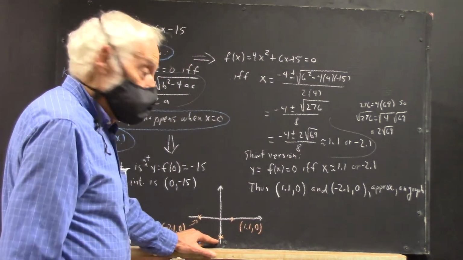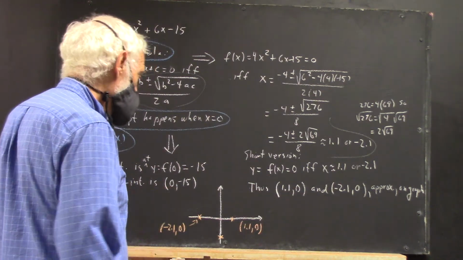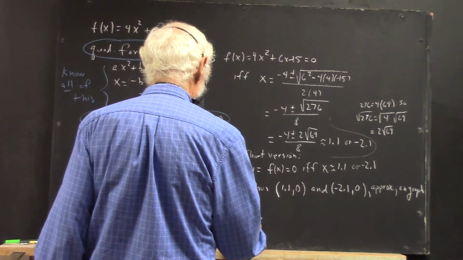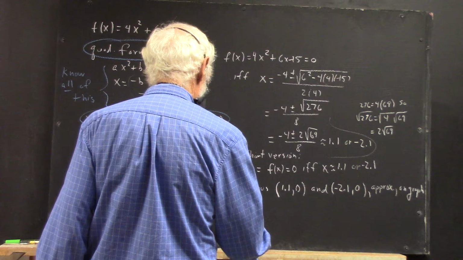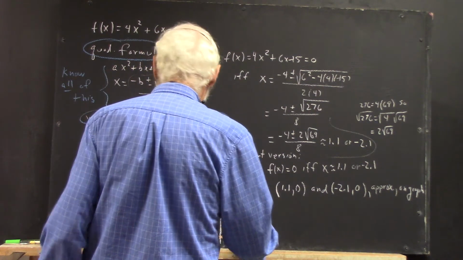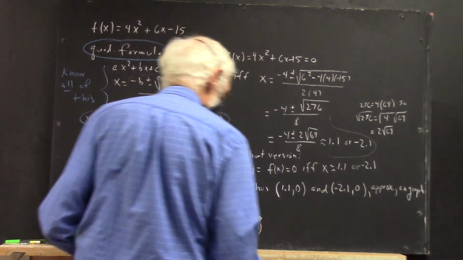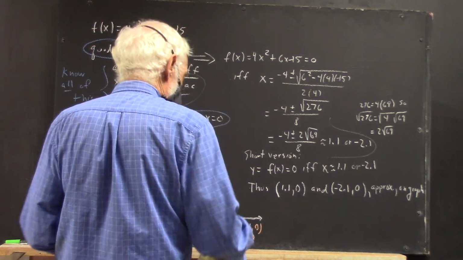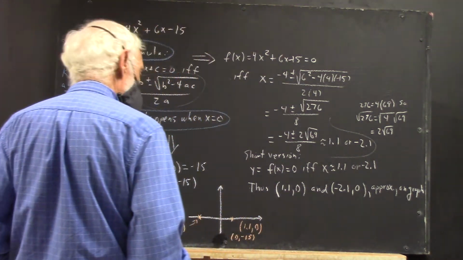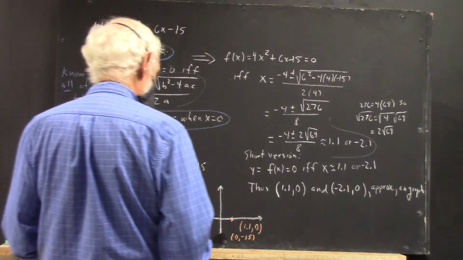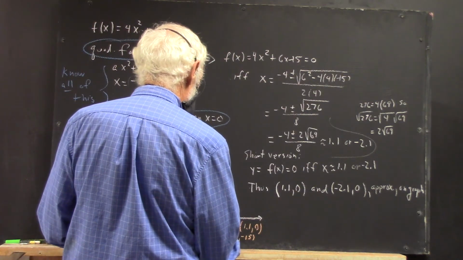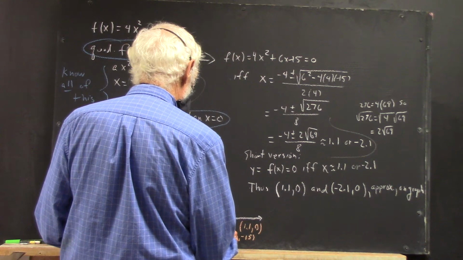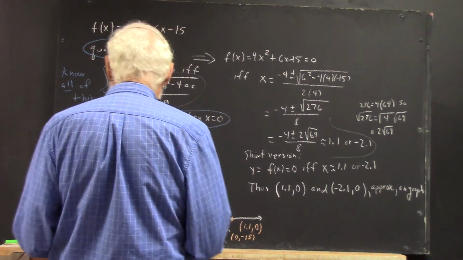So here's your y-intercept. It's 0, negative 15. And I just did what I said I was going to do. I'll put that point off higher because I know the vertex is going to be considerably lower. So I'm going to put negative 15 way up here, leave myself plenty of room to get to the vertex.